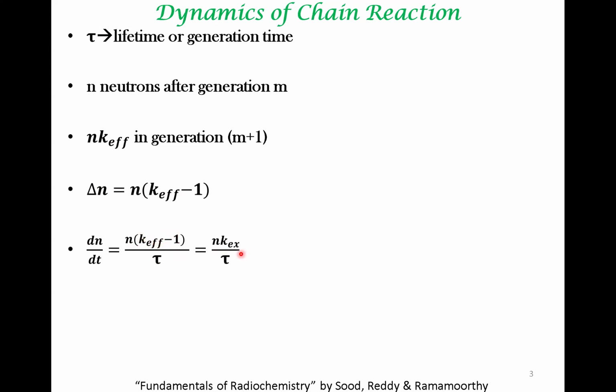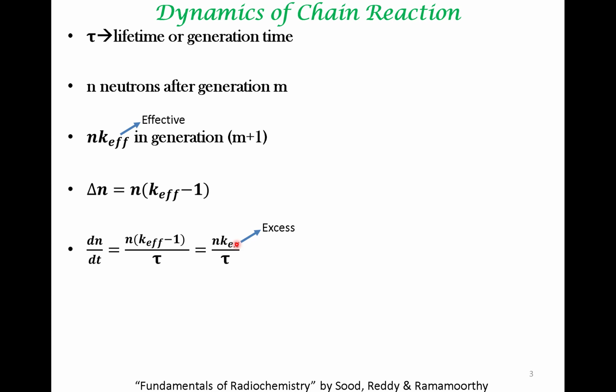You can simplify this as K excess. Why do you use this terminology? Because we want to have more neutrons than what you're using in a nuclear reaction. That is, we had seen for many fuels, let's say around 2.42 neutrons are generated when U-235 undergoes fission.